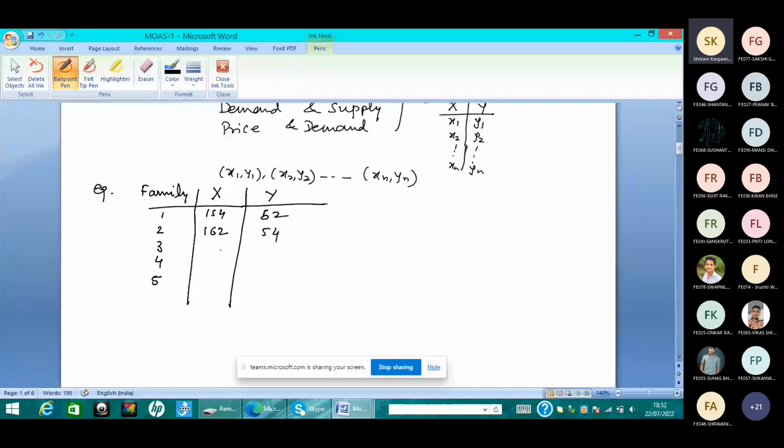This data will make bivariate data. We are concerned with this data. This is x1, y1, the height and weight of the first family having the eldest son. Similarly, this is the height and weight of the second family.